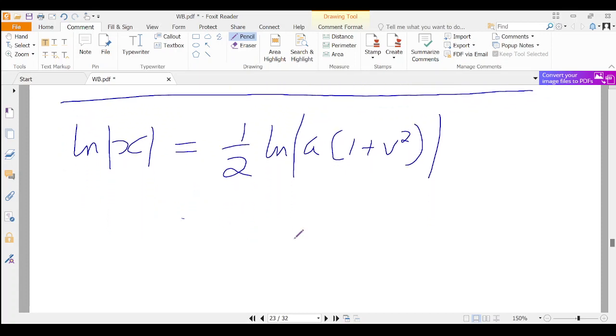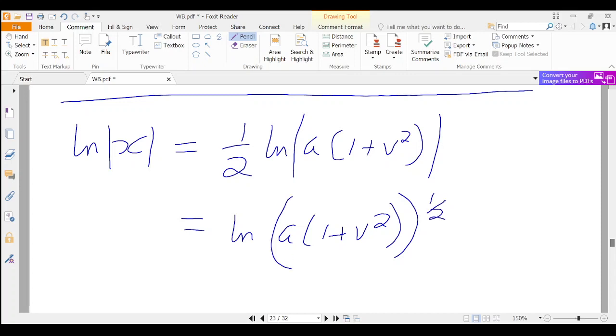Notice that we can write the right-hand side as logarithm of a into 1 plus v squared, raised to the power of a half, using the rules of logarithms.